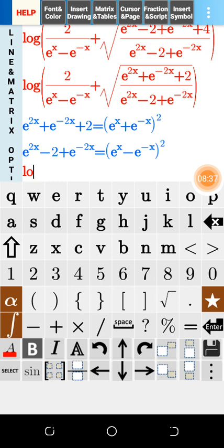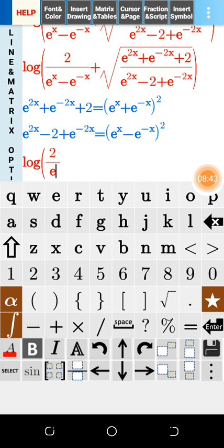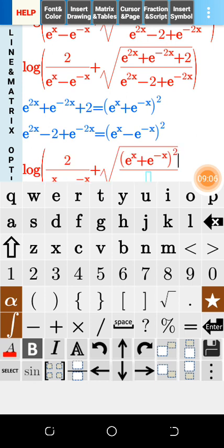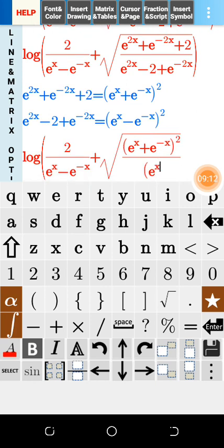The next one is log of 2 over e raised to the power of x minus e raised to the power of minus x, plus root of e raised to the power of x plus e raised to the power of minus x squared, over e raised to the power of x minus e raised to the power of minus x squared.